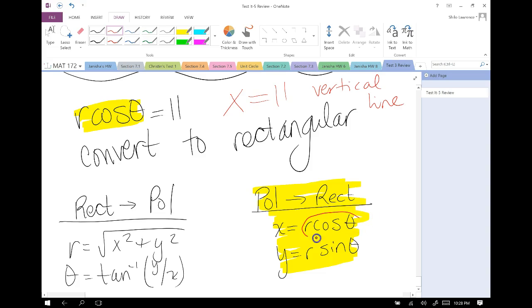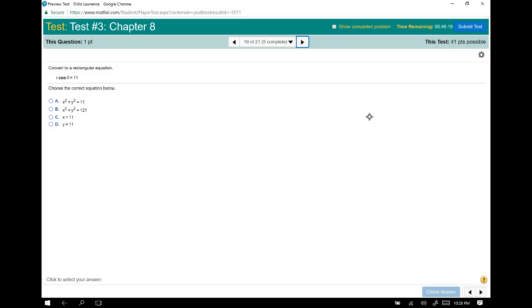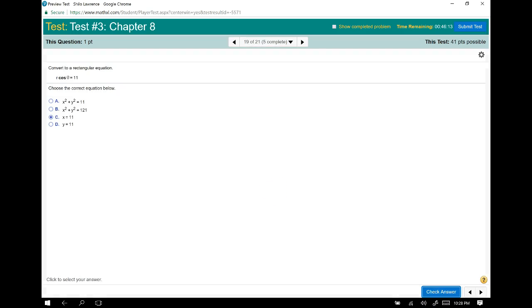Anytime I see this stuff, I can replace it with that. There's another one here that works a little bit different. So there's our option there, x equals 11. The next one's a little bit different.